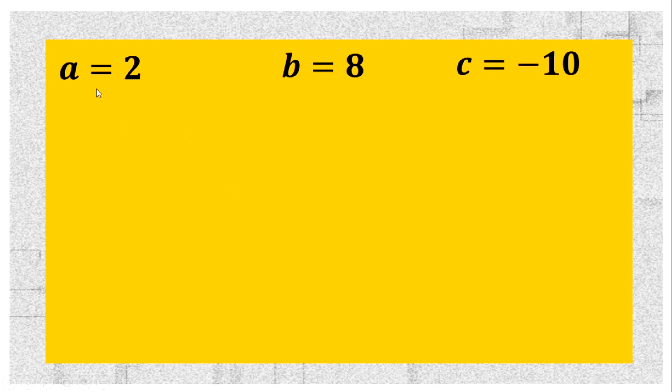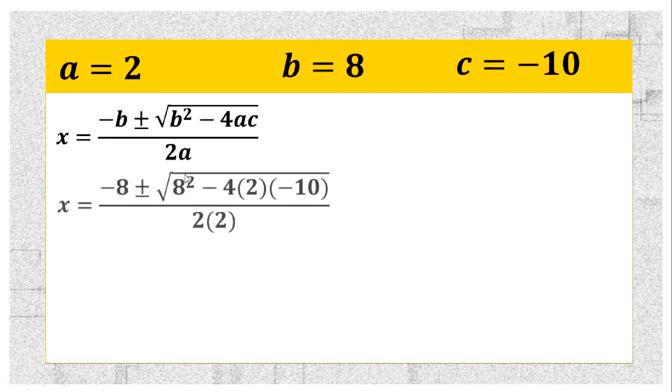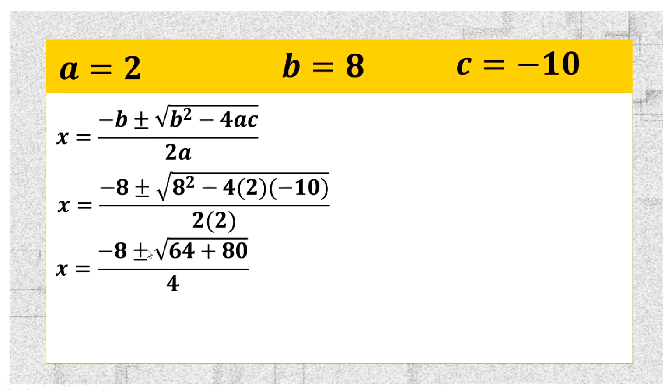Again, these are the values of our a, b, and c. Let us find the roots using quadratic formula. So, substitution, we have negative 8, positive and negative square root of 8 squared minus 4 times 2 times negative 10 all over 2 times 2. So, we have negative 8, positive and negative square root of 64 plus 80 all over 4. So, we have negative 8, positive and negative square root of 144 over 4.